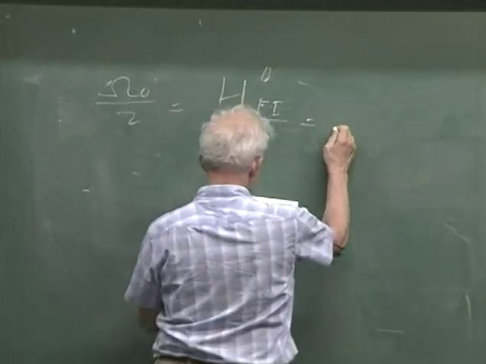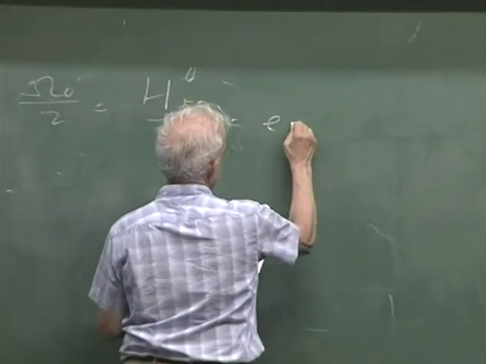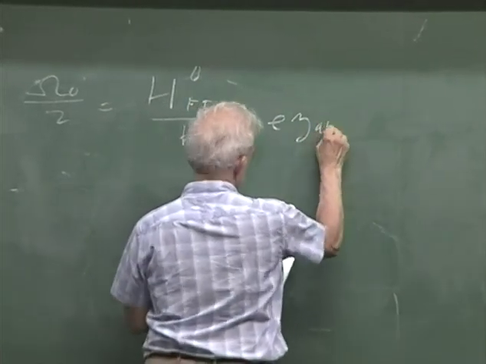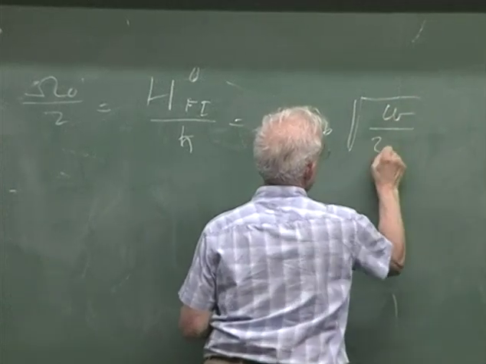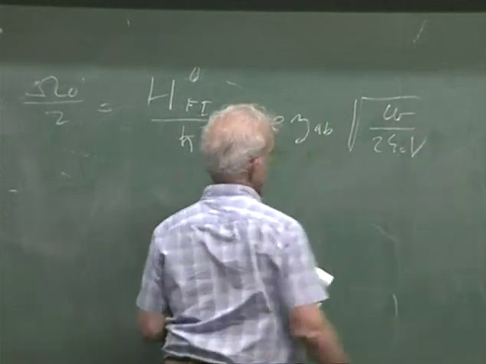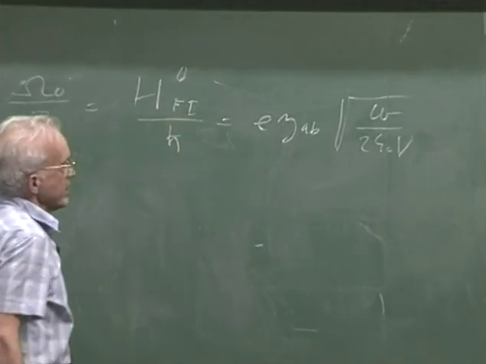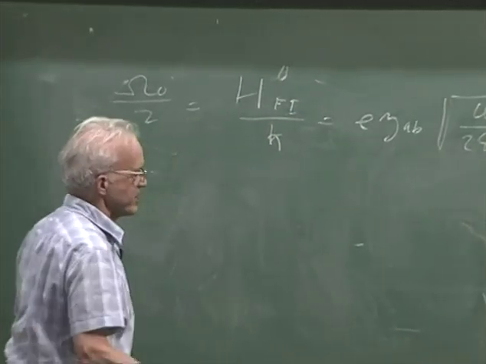And it's equal to e times z_AB times the square root of omega over 2 epsilon naught V. Okay. The system oscillates back and forth between them.